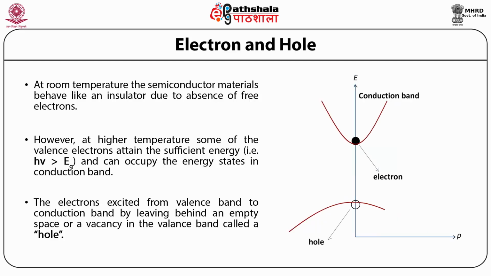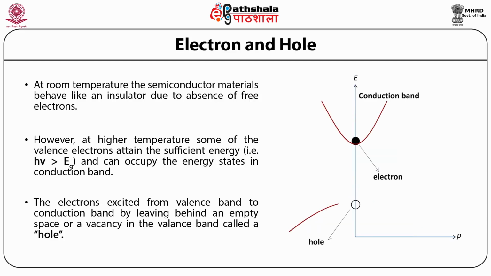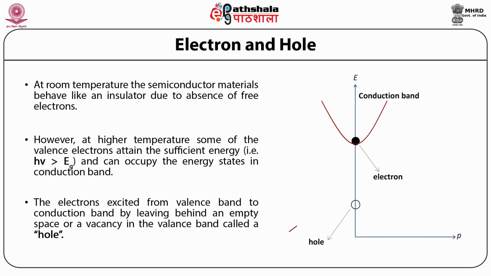The figure shows the energy momentum relationship for a direct band gap semiconductor. Now for a free electron, the energy and the momentum can be related by E is equal to P square by 2 m naught, where m naught is the rest mass or the mass of the free electron.